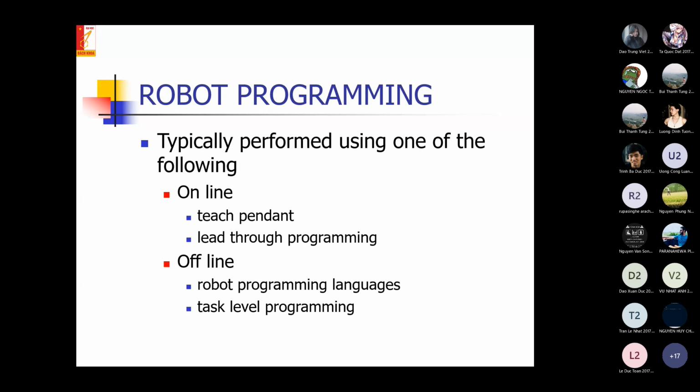And for robot programming, some tasks are typically performed using one of the following ways: online or offline programming. With online programming, that's the way we use the pendant or lead-through programming.